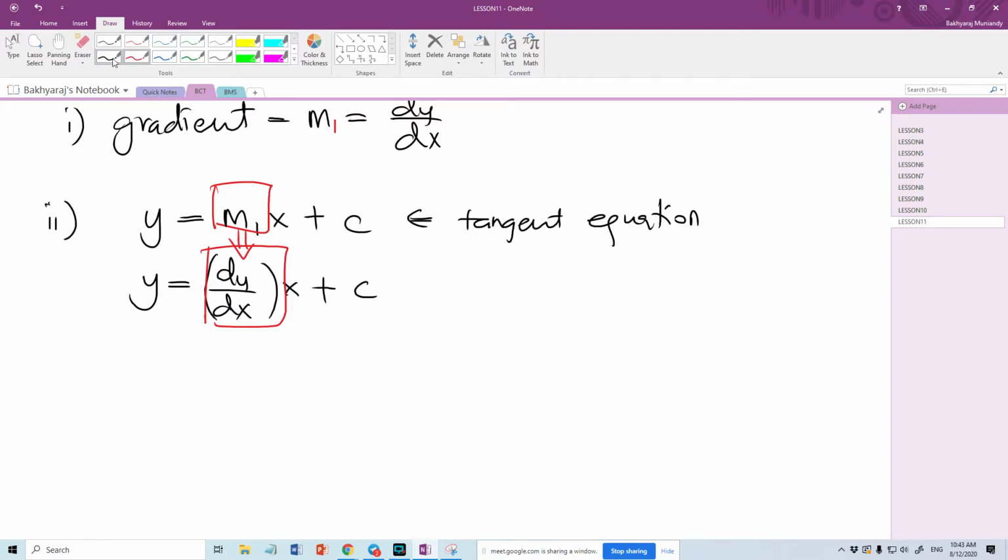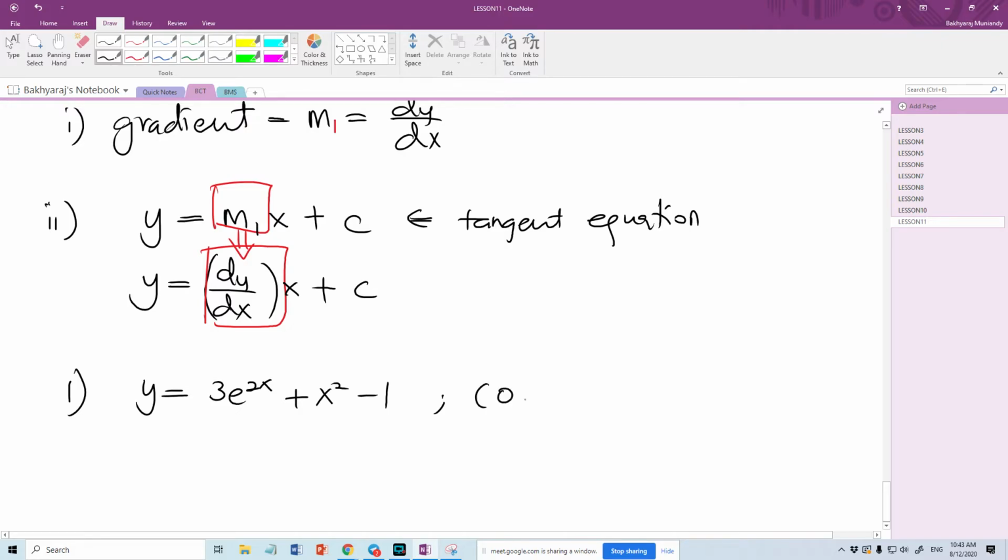Okay, I go for number 1. Question number 1. Okay, let's say I give you y equal 3 exponent 2x plus x square minus 1, and I give you also the coordinate is 0, 2. Okay, coordinate saya bagi 0 and 2 dah. Okay, now my question is, I want to find gradient.